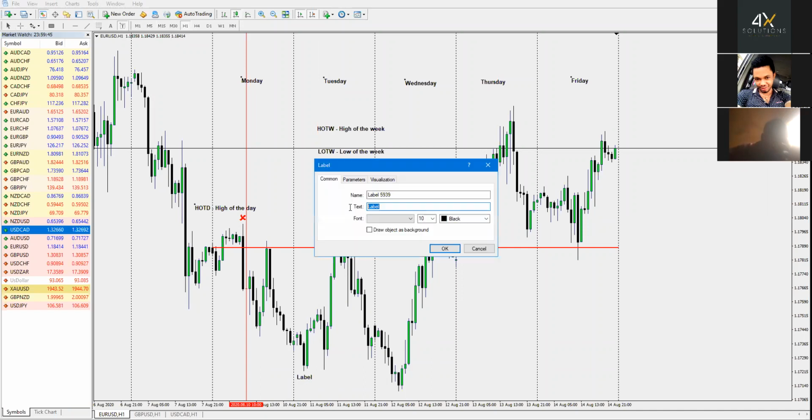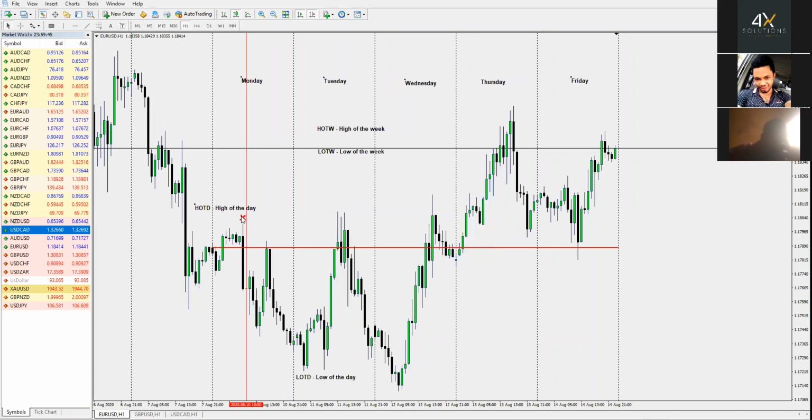So here we have a low of the day. Low of the day. Okay, so obviously the same can be said that when we have a low of the day, that is a point of liquidity. So yesterday's high is now targeted over here, and we can see that this high of the day was now taken.